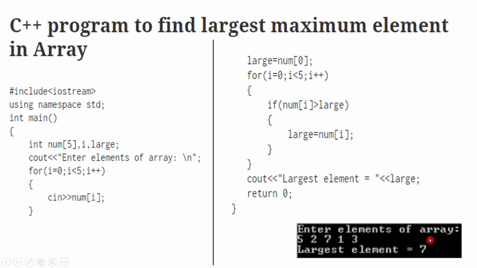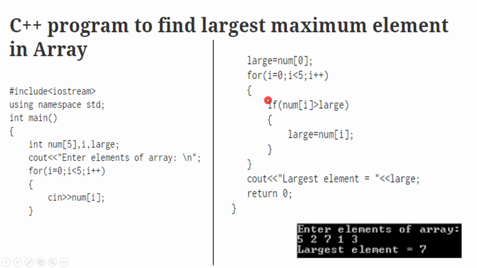So till now we have entered the elements. So large is equal to number[0]. We are initializing, or we are assuming, that the first number, whatever number you input in the 0th position, is the large number. So we are giving the computer the information that 5 is the largest number. Then the code is: for i equal to 0, i less than 5, i plus plus.